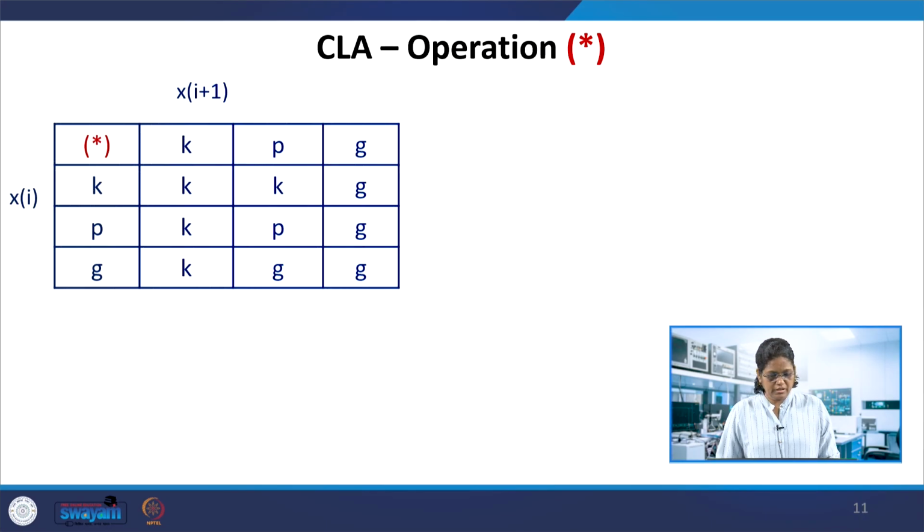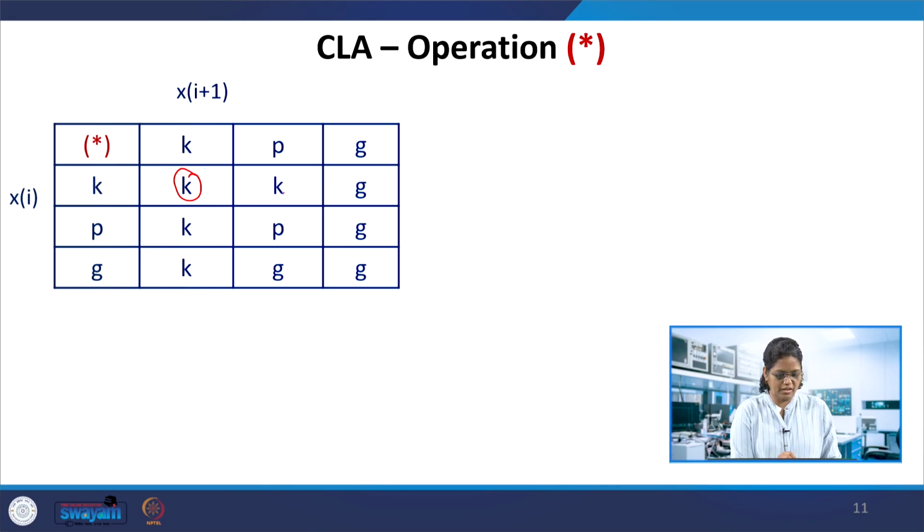So the CLA operation, which can be simplified and tabulated here: if xi, the carry, is a kill, and this is an associative property, and i plus 1 was also k, then what should be the resultant in the next stage? I will show you with an example so that you do not confuse i and i plus 1. So k and k, if it is the first and second bits deciding the next carry, in that case this is k.